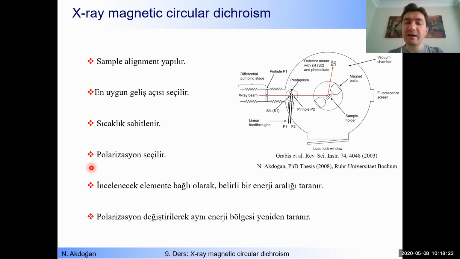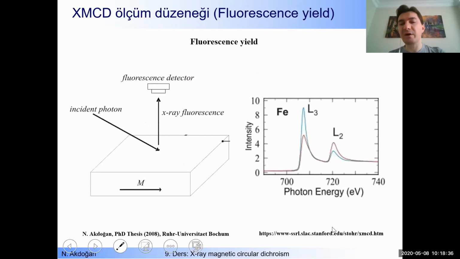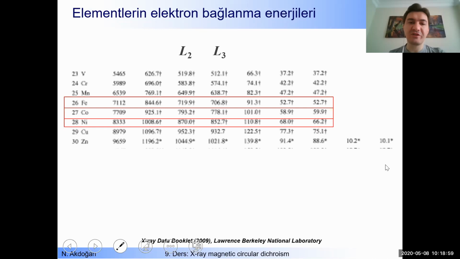The polarization is selected, and then we scan the energy range depending on the material under investigation. Then we change the polarization and scan the same energy range again, okay? Let's say blue is taken for right circularly polarized light. Scan that energy range for that material, and then change the polarization to left circularly polarized light, then scan the same energy range. This is the general procedure.